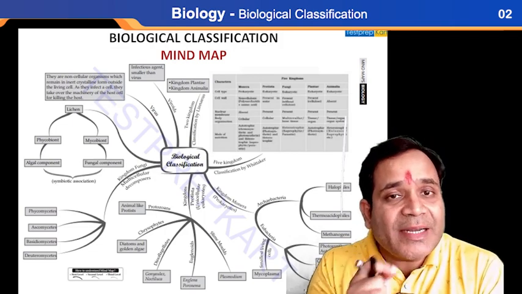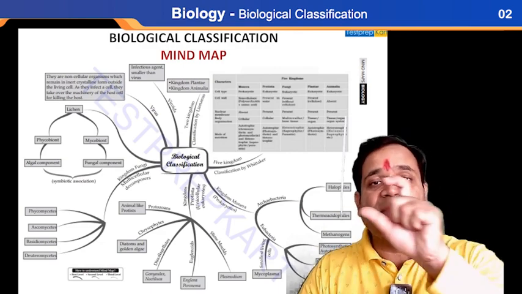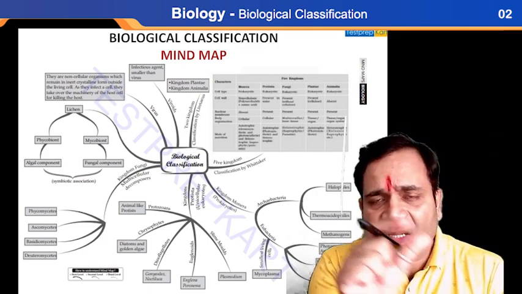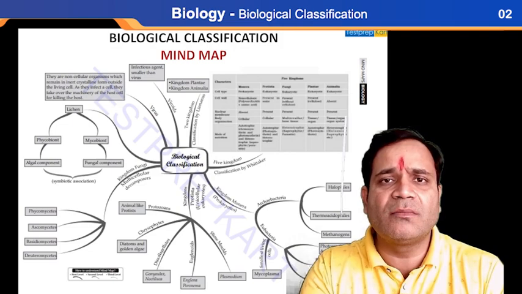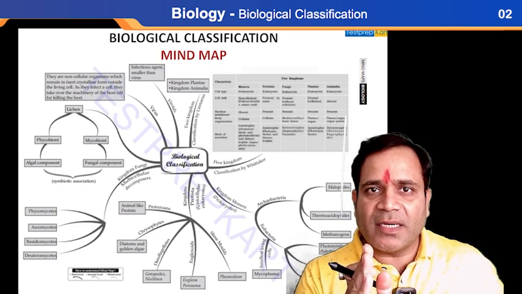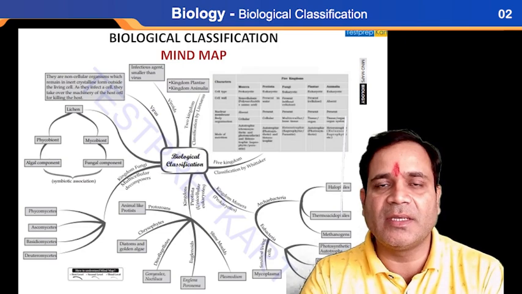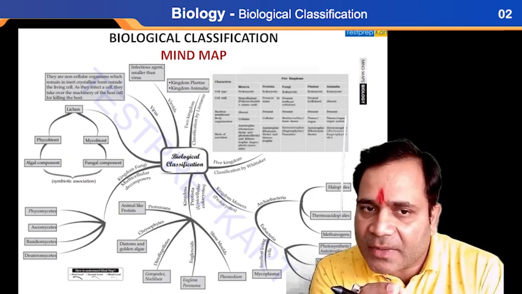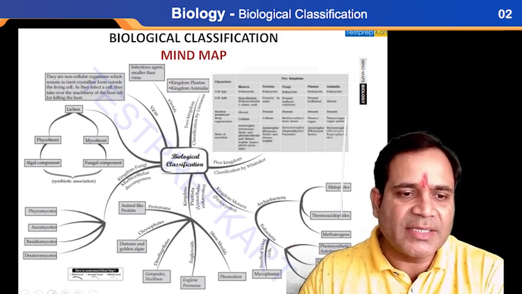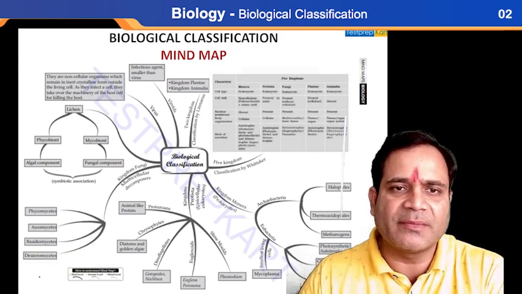So let me check one by one to recall all those things, and I will also show you what is given in your NCERT in a short clip, so that you can recall it. Is that clear? So here I am focusing on biological classification, then the sub-branches and branches. Let's see what we have to know in detail, my dear.